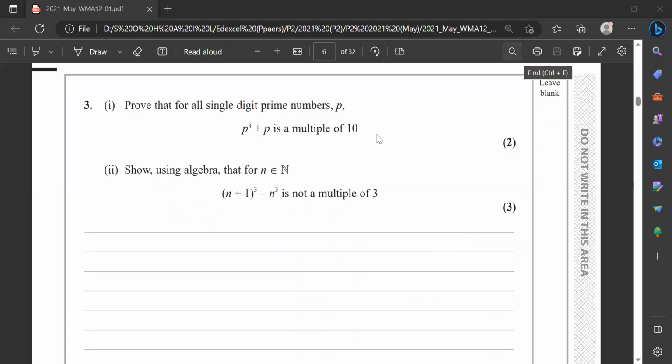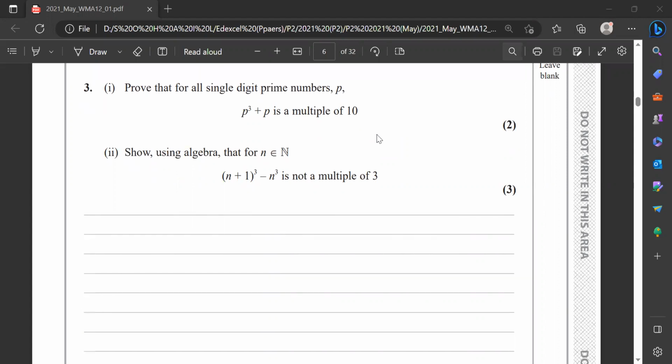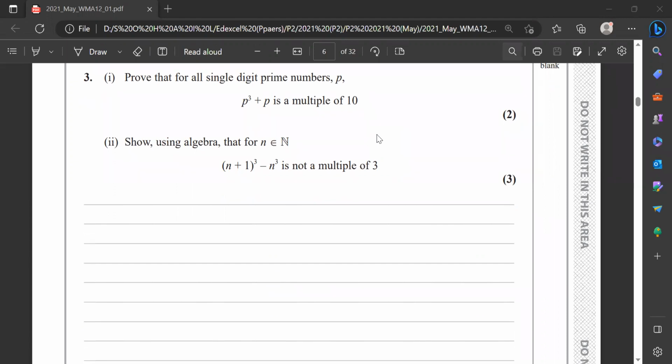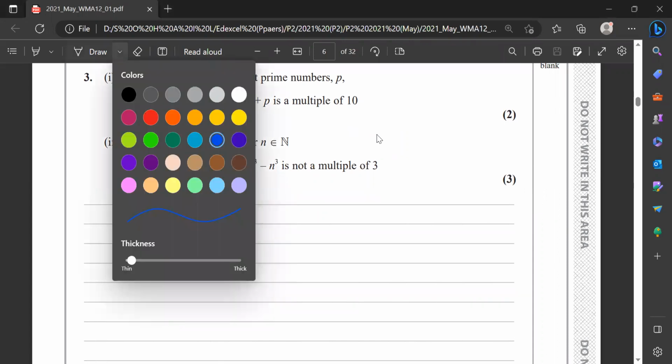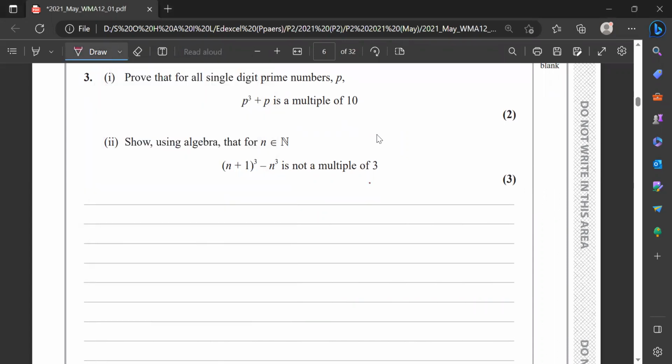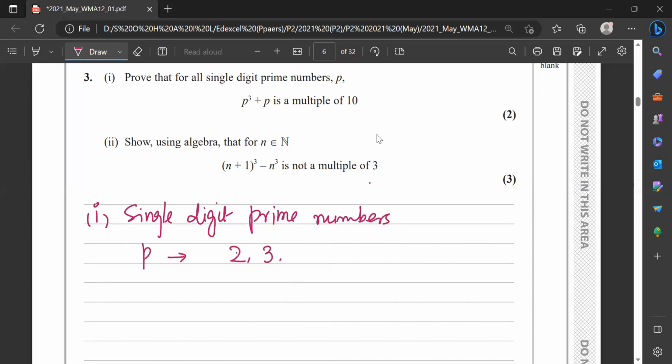This is question number 3 from May 21. First part: prove that for all single digit prime numbers p, p cube plus p is a multiple of 10. So, single digit prime numbers. p can be 2, 3, 5, and 7.